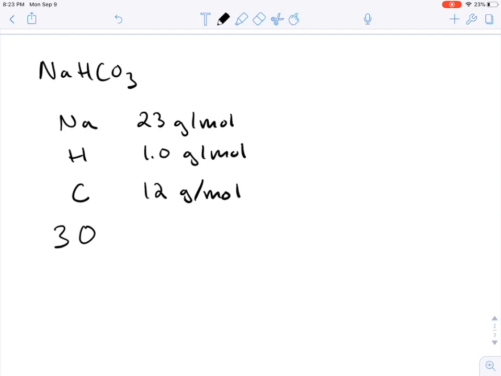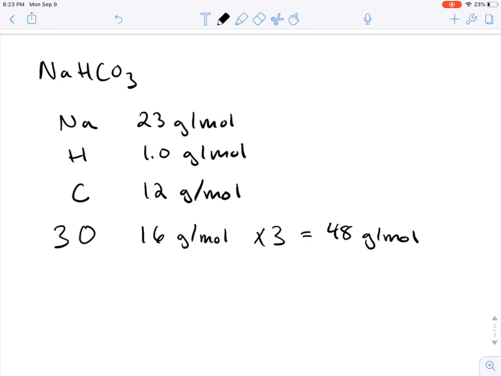It's very important in chemistry. We know 1 oxygen weighs around 16 grams per mole. So because we have 3, I'm going to times this number by 3. And that's going to give me around 48 grams per mole.